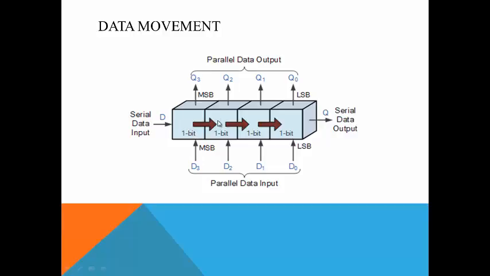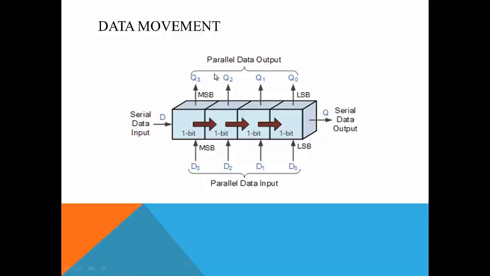So from here to here, here to here, here to here, and here to this in the 4th clock cycle. So this is called a serial in, serial out data transfer. Okay, the bit which comes in here will take 4 cycles to come out here. So after the 4th clock pulse, you will get the first bit of the data. If you have 4 more bits, it will take 4 more cycles to come out.